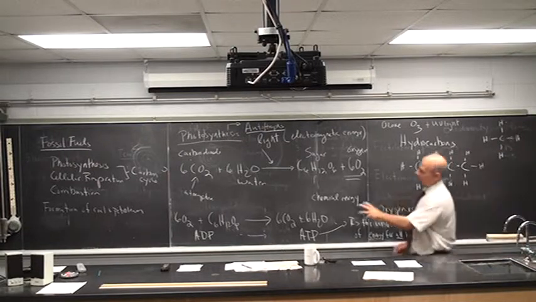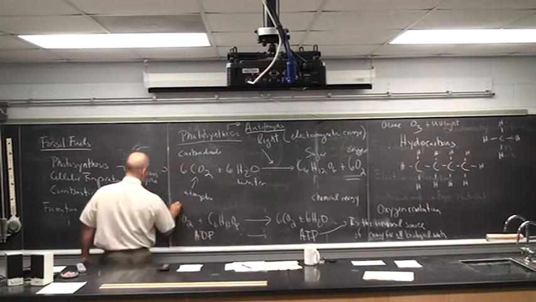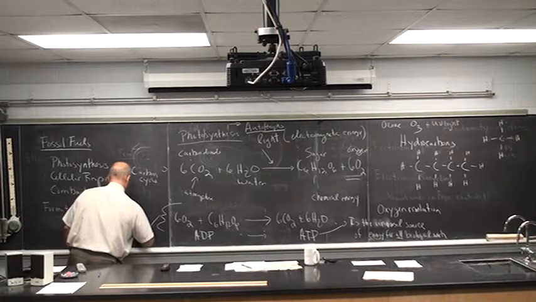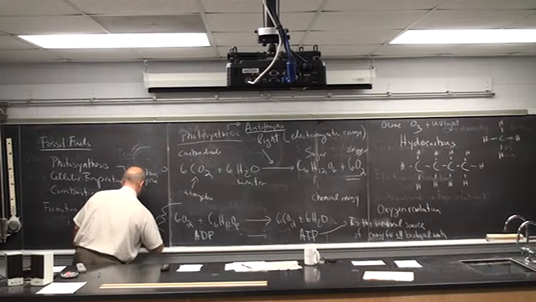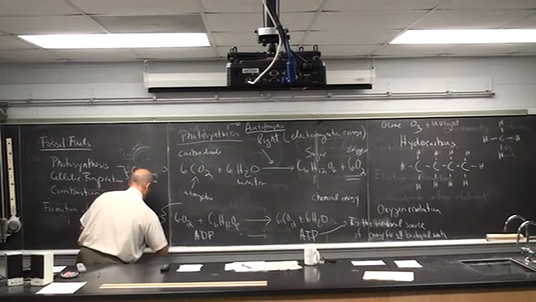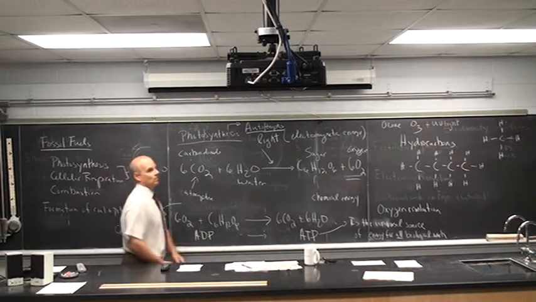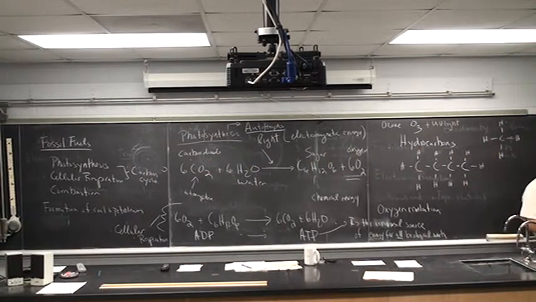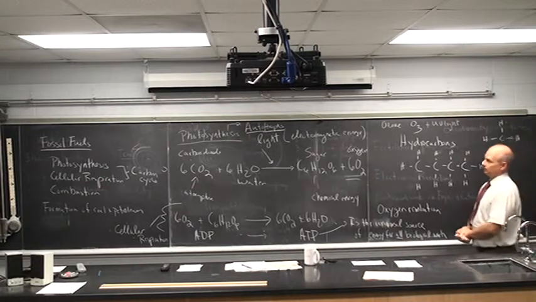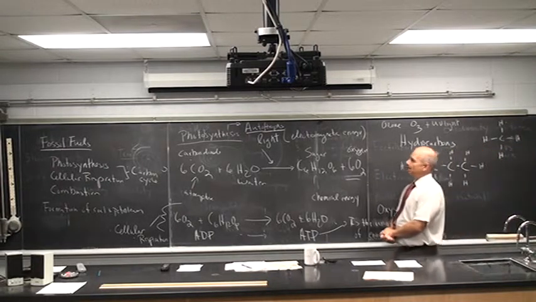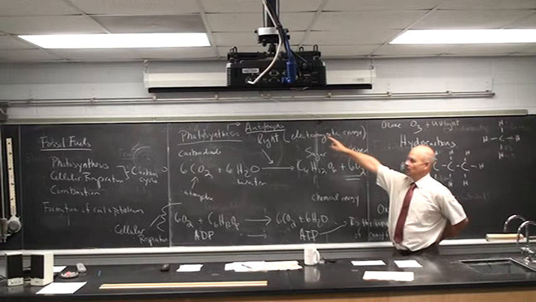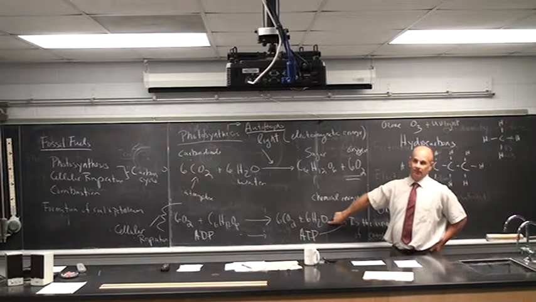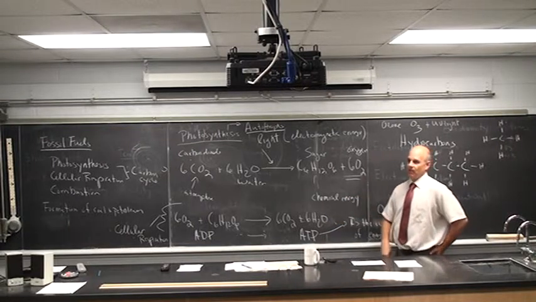So this whole process is called cellular respiration. All organisms do cellular respiration. Now, autotrophs do both photosynthesis and cellular respiration. Get that in your notes. That's a nice quiz question.